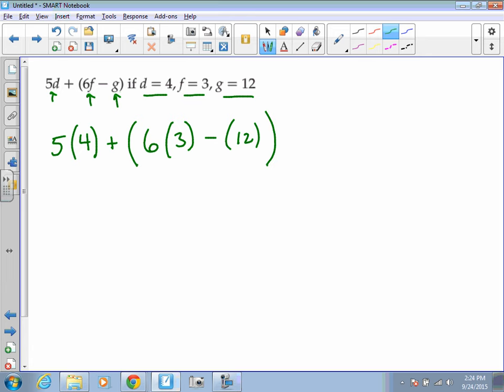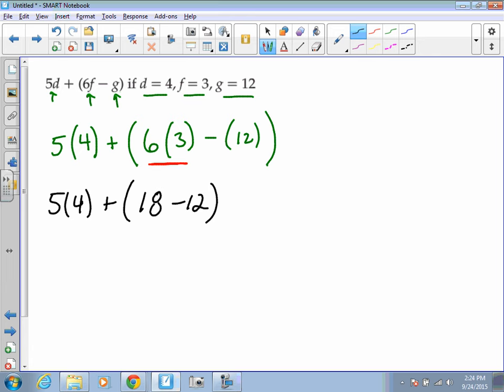Okay. And again, order of operations. Grouping symbols first. I have them. So inside the grouping symbol, I'm going to look, and I'm going to do 6 times 3 first because that comes before subtraction. So as I move down, 5 times 4 plus 6 times 3 is 18 minus the 12. Okay.